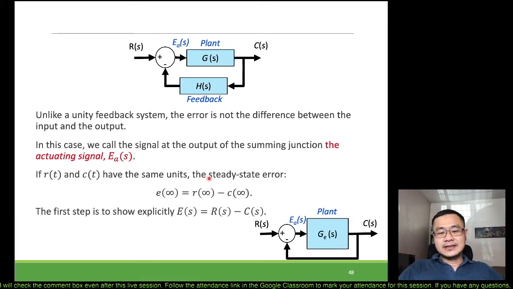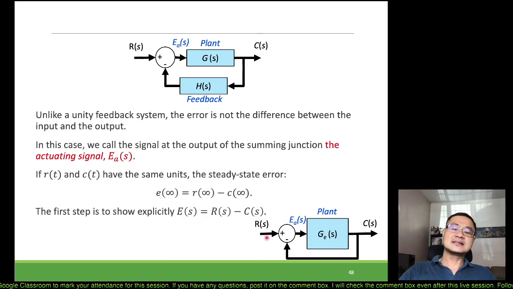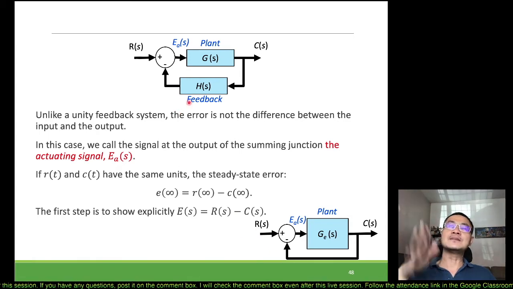Nevertheless, the steady state error signal would be given by E equals R minus C, very similar to the previous unity feedback system.